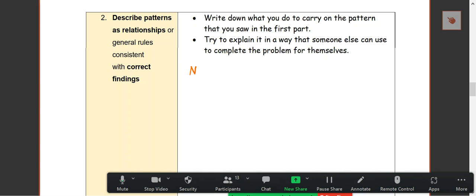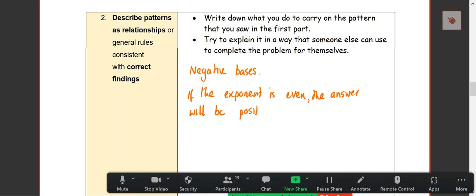So we want to focus on negative bases. And what were you saying, David? What was the general rule? If the exponent is even, then the answer will be positive.